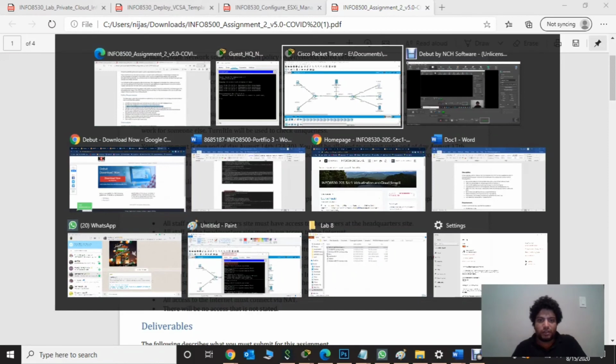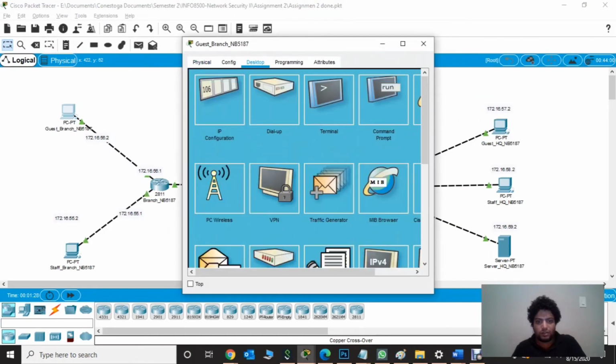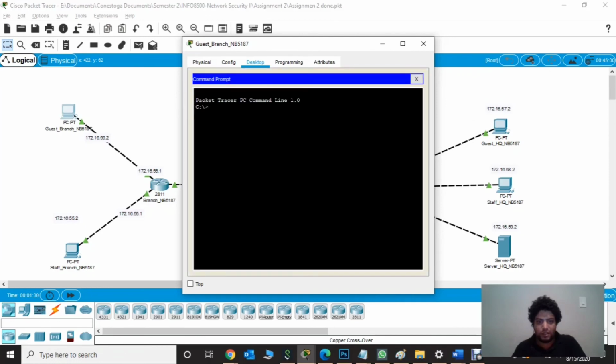We'll try pinging from the guest at the branch location to some other point. I'm trying to ping from the guest to the server at the headquarters location. So ping IP address 172.16.59.2. Let's wait.